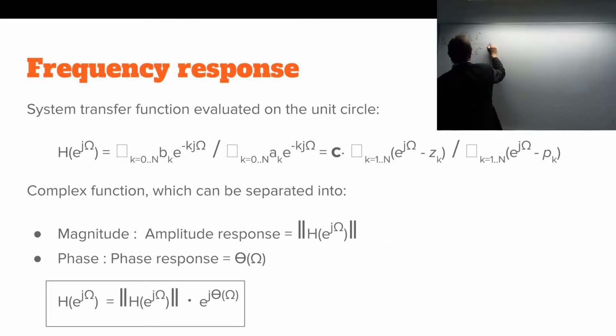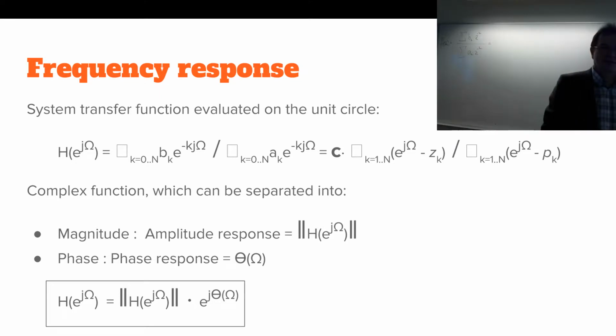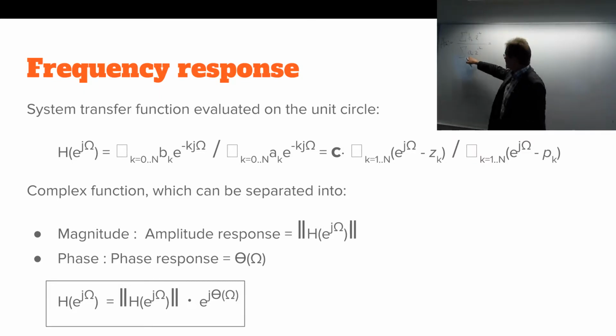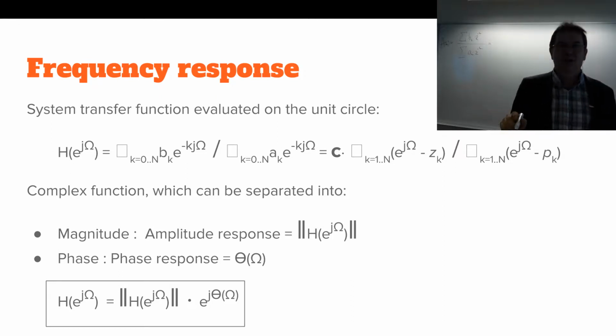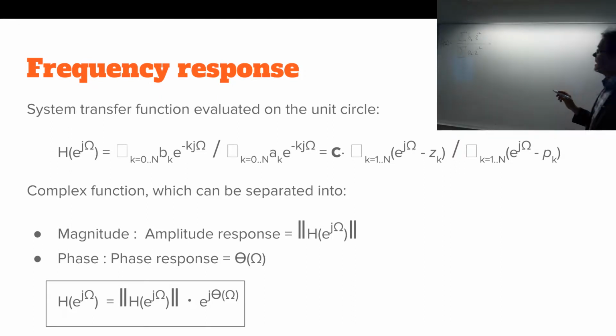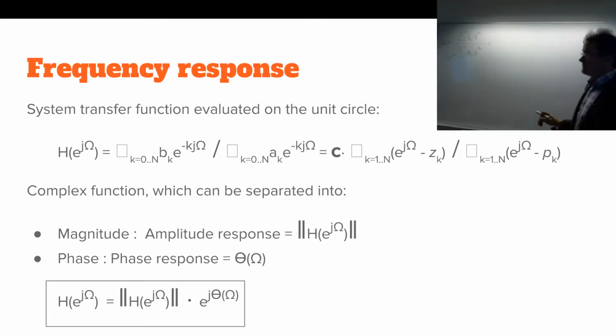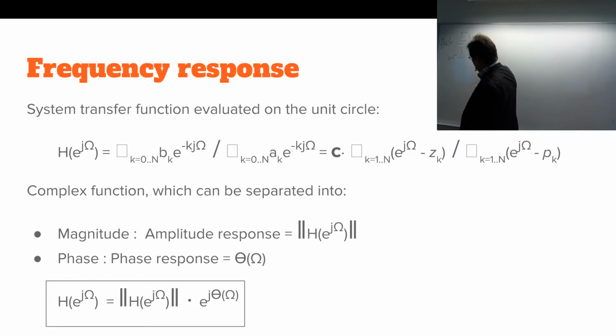Okay, welcome. So that's the transfer function from last week. And yes, the multipliers of y are actually in the denominator. Basically, if you calculate this at z equals e^{j omega}, you will get the frequency response.